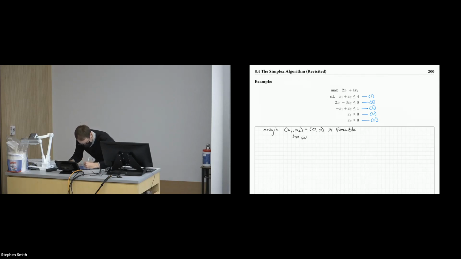It satisfies constraints 4 and 5 with equality. Therefore, 0, 0 is a vertex.